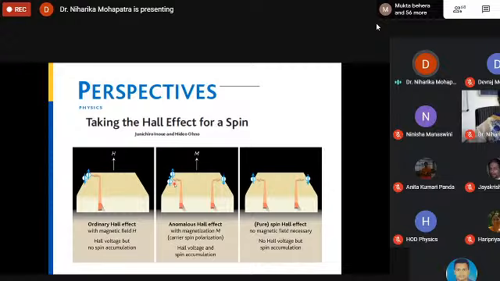Spin accumulation is there and Hall voltage is also developed. Now the next question is, can we have a pure spin current? That means we will have no net Hall voltage, but there will be spin accumulation. We can separate the spin directions, up spin along one direction and down spin along the other direction, but there will be no charge voltage or Hall voltage. That means exactly the same number of up spin and down spin at the two boundaries.